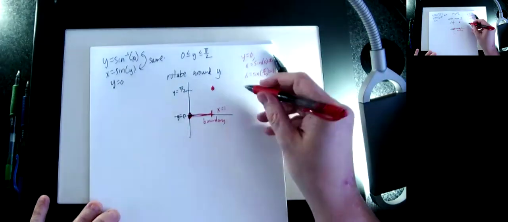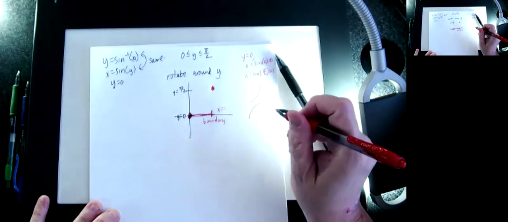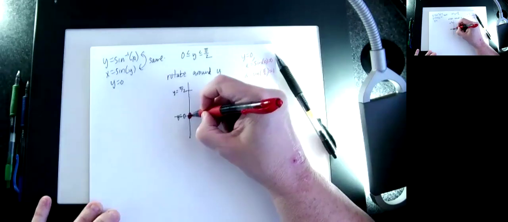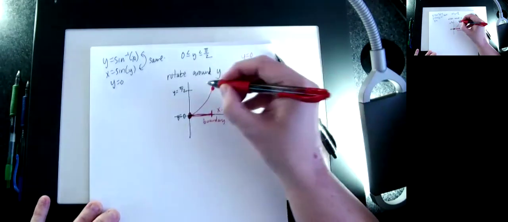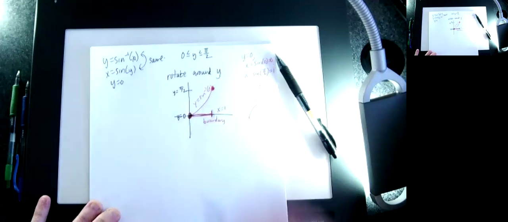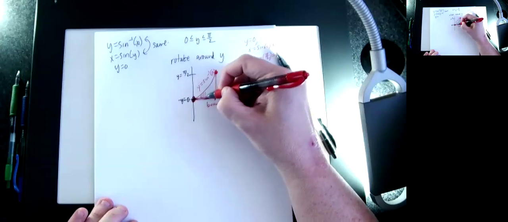Now, I don't remember if it curves like this or if it curves like that. I don't think it really matters at this point. I'm going to do it like this. That is y equals sine inverse x. And so it looks like this is the region we're doing.